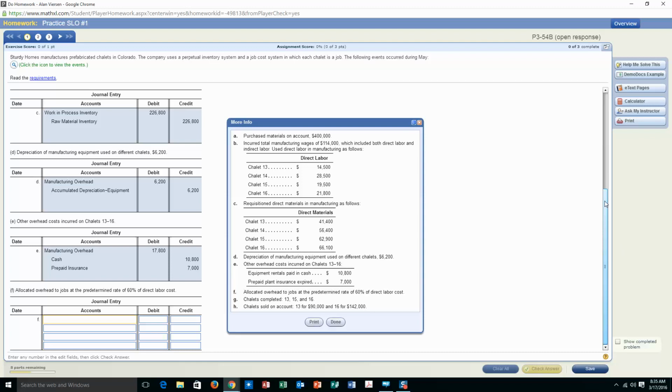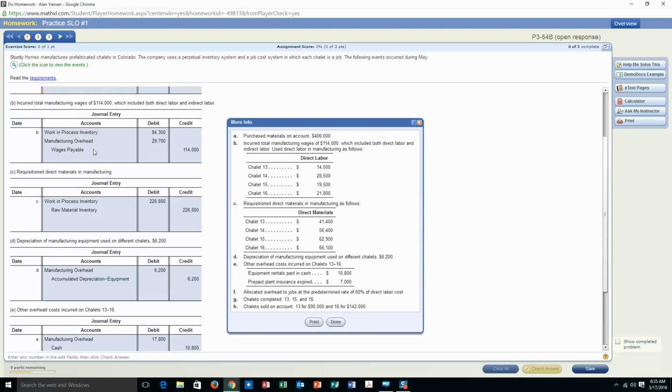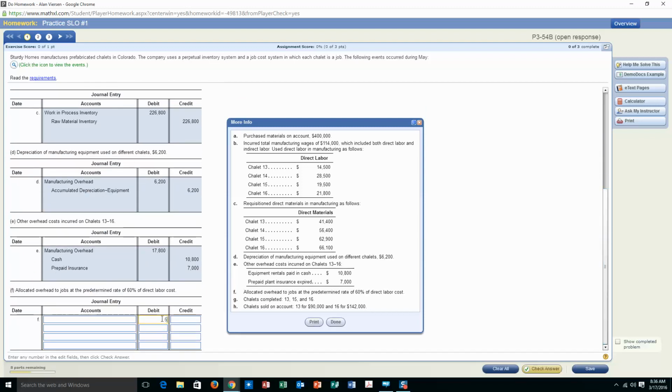Okay, going back up to where did we put in direct labor? We did it in question number B. So 84,300, so I'll use my calculator. 84,300 times 0.6 is going to equal 50,580. $50,580, and of course I'm going to now debit work in process when we allocate overhead, and we're going to credit manufacturing overhead.